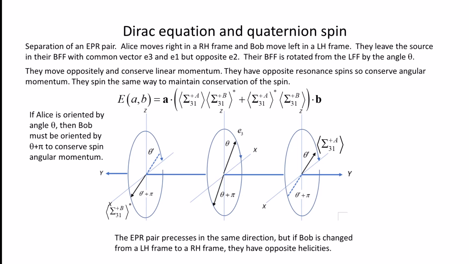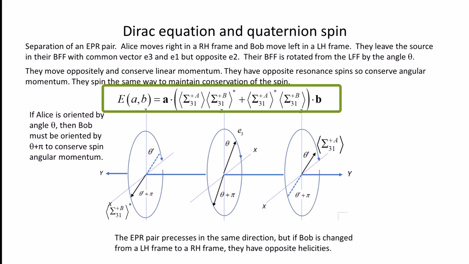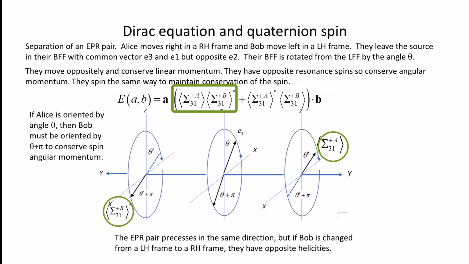This EPR pair is rotated from the laboratory fixed frame by angle theta, but every pair can be oriented differently at the source. They are correlated by the product of their quaternion spins, sigma A and sigma B. The first term has positive helicity for Alice and negative for Bob.